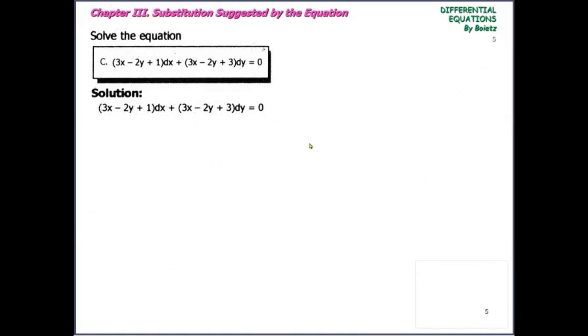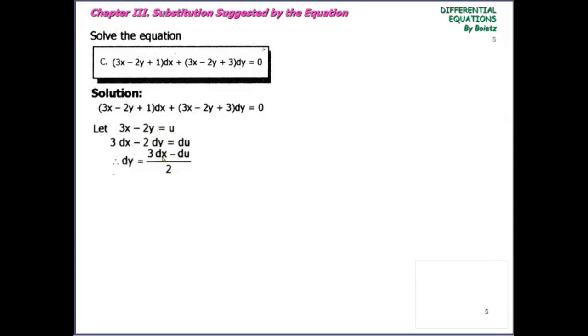May constant kasi. Hindi rin siya linear, by inspection, baka pwede, pero let's try to use substitution. So here, mapapansin nyo parehas ito. So gawin natin, 3x minus 2y equals u. Then derivative, 3dx minus 2dy equals du.